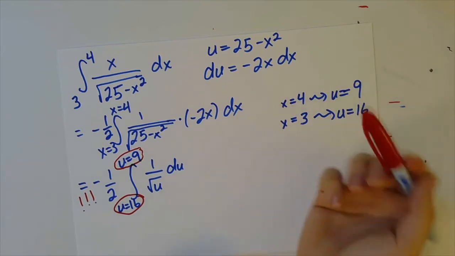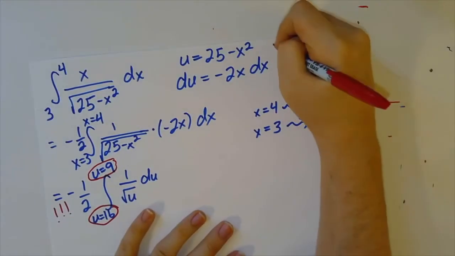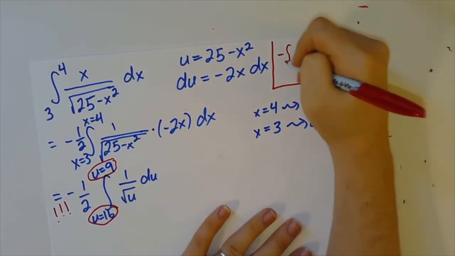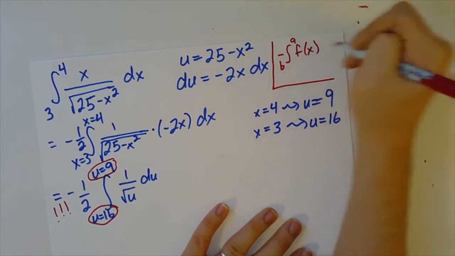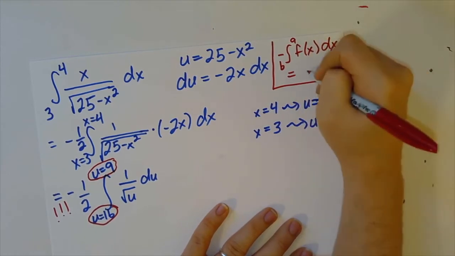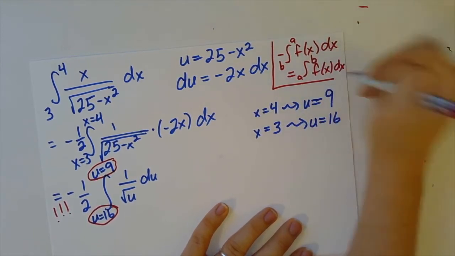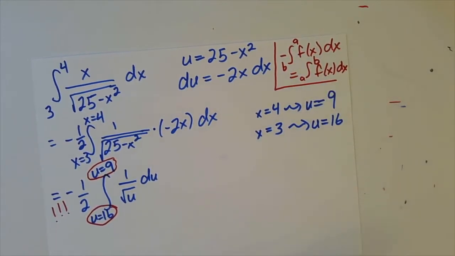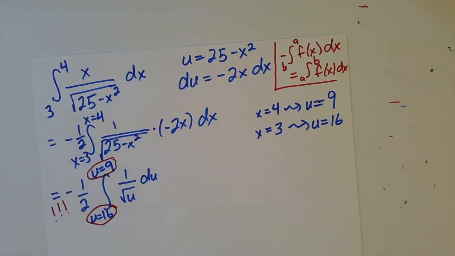But I want to remind you what we said in a much earlier video, which is that if you're ever faced with minus the integral from b to a of f of x dx, that's the same thing as the integral from a to b of f of x dx. So in other words, you can flip the limits back in the correct direction. It just costs you a minus sign.